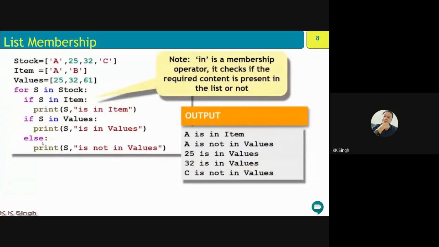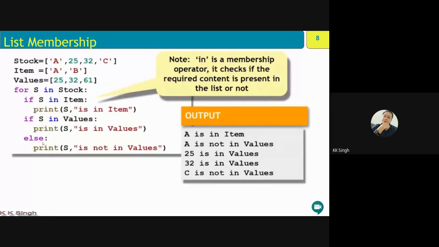This is list membership, whether the particular element exists in the structure or not. When it exists in the structure, it shows the value, and if it doesn't, it will show it is not in the list. So we have three lists here.